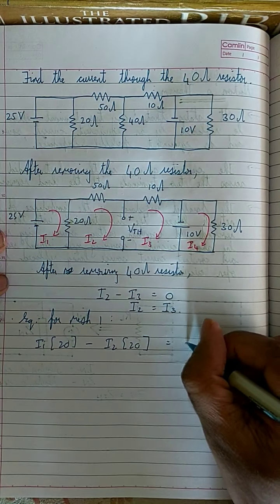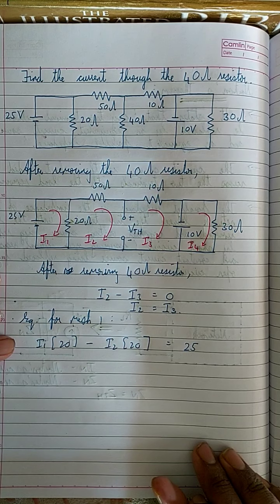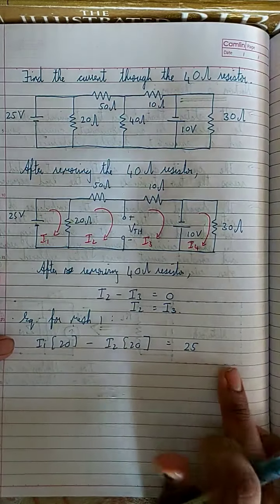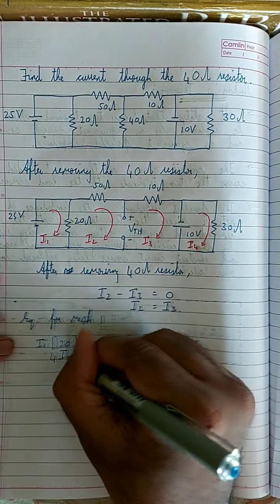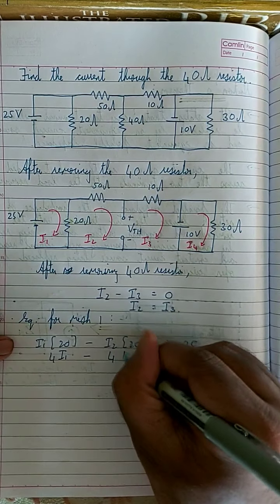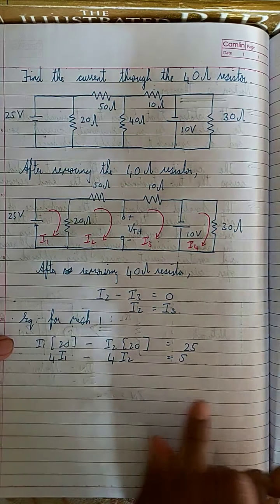Maybe I can simplify this, because all the terms are divisible by 5, so this will become 4I1 minus 4I2 is equal to 5. Okay, so that's the equation for mesh 1.